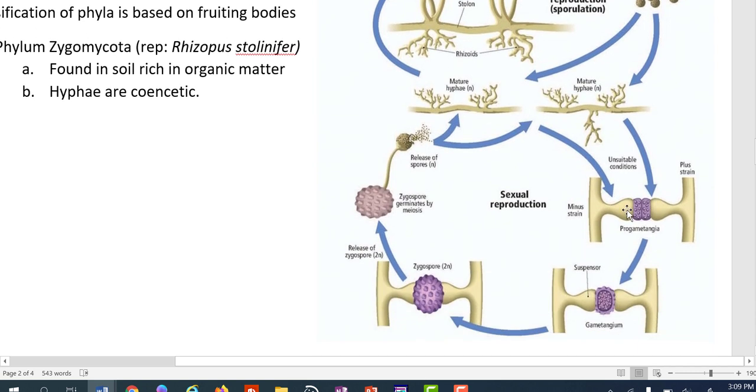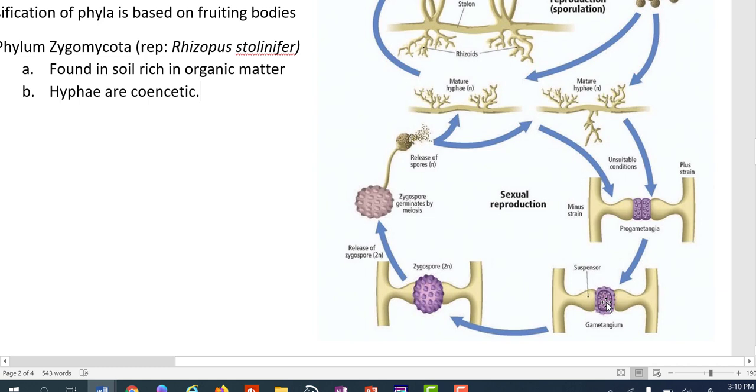These are two hyphae extensions, and these hyphae fuse together, forming this structure down here, which is basically the fusion of two separate hyphae.